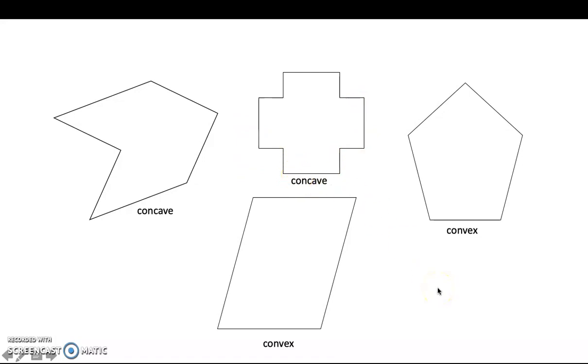Alright, since we know how to determine whether a polygon is convex or concave, we can now derive the area of a convex polygon. So what are we going to focus on with our convex polygons?